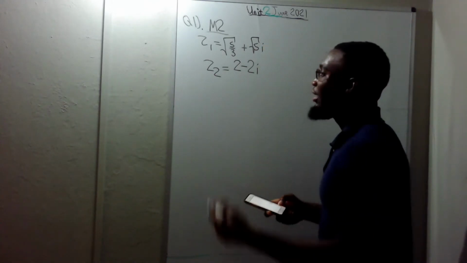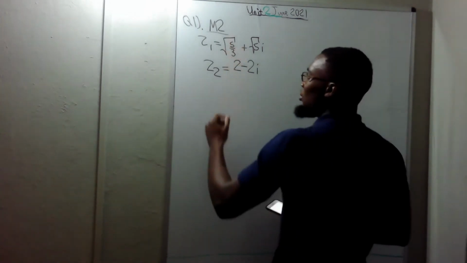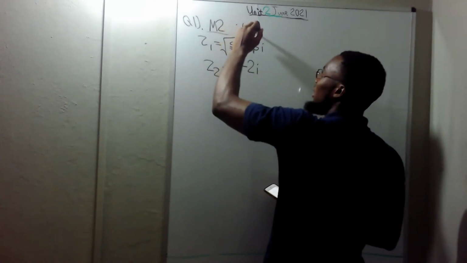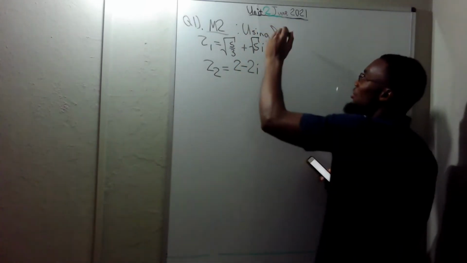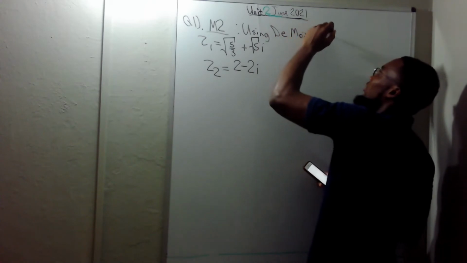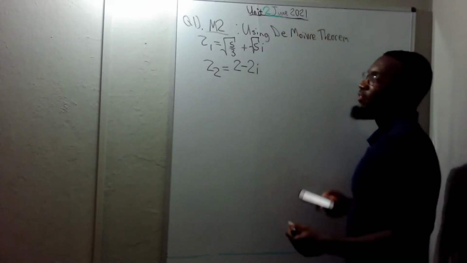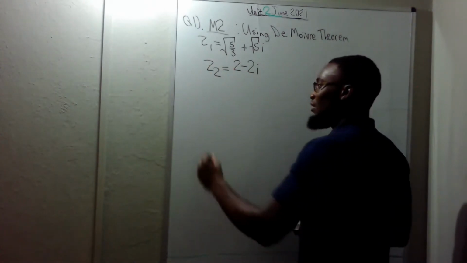So now, another way you could do it is using De Moivre's theorem. So method 2 is using De Moivre's theorem. But first thing, what we're going to do is rewrite z1 and z2 in exponential form.